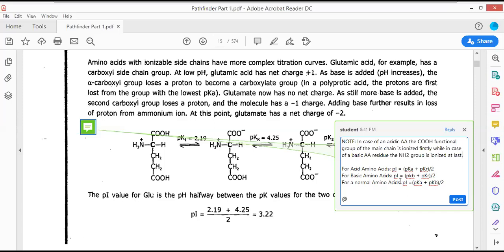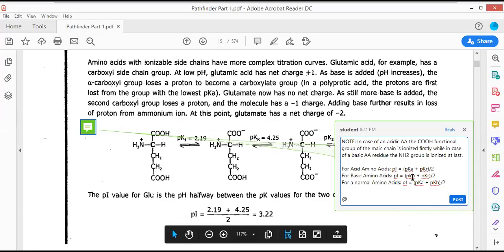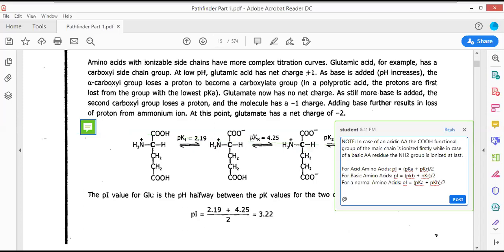Okay, for acidic amino acids, simply calculate pKa plus pKr divided by 2. For basic amino acid, calculate pKb plus pKr divided by 2. And for a normal amino acid, it is very simple, pKa plus pKb divided by 2. pKa sometimes is also written as pK1, and sometimes pKb is also written as pK2. pKr is always written as pKr.